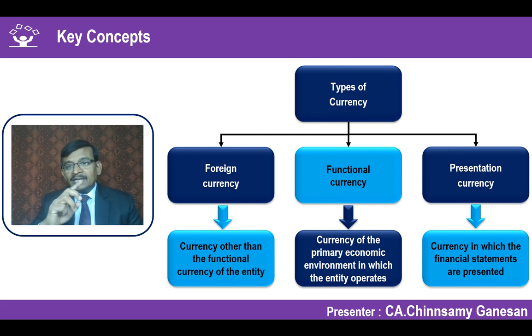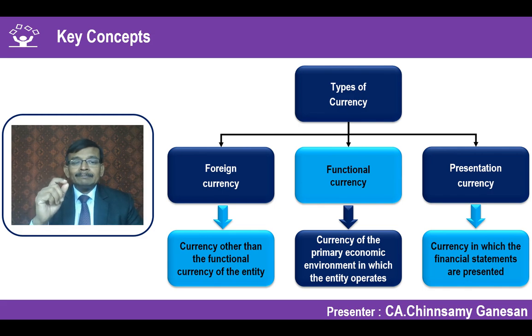Even in that case, since my presentation currency, or the currency in which the financial statements are prepared, is USD, there is a translation which we have to consider. So what we have seen here, there are three types of currency. One is the foreign currency, which is other than the functional currency of the entity. Second is the functional currency, normally determined by the major economic environment in which the entity operates.